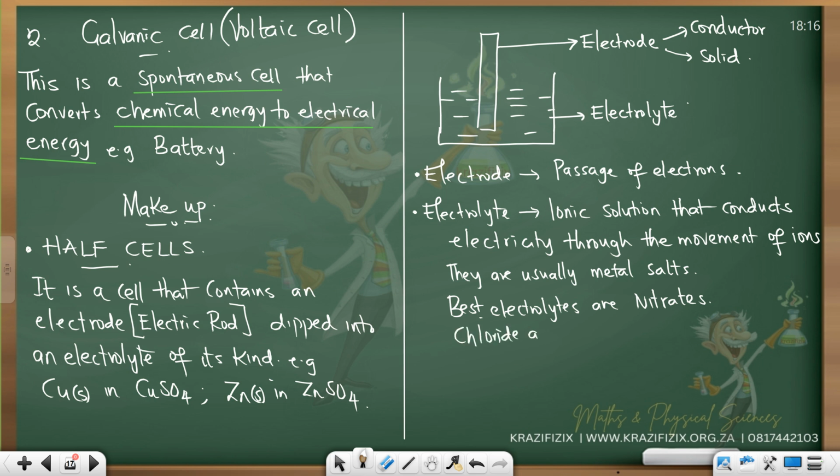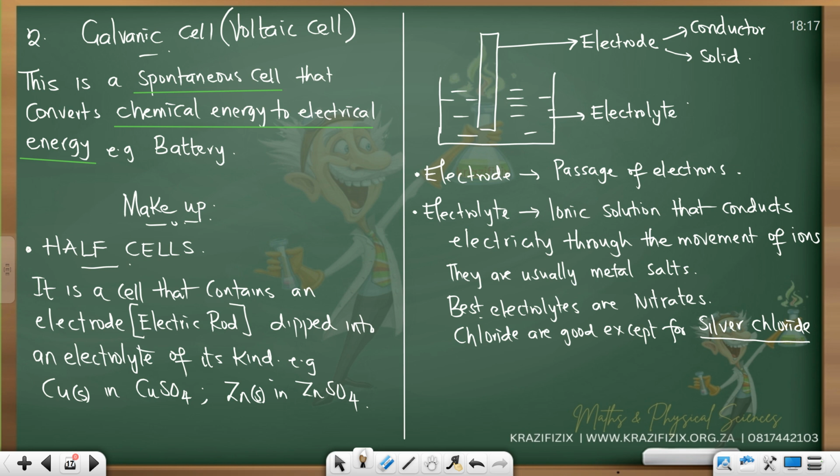Chlorides are good, except for silver chloride. Chlorides are soluble except those of silver and mercury, but I wanted to keep this one. Silver chloride. Please, very, very important.